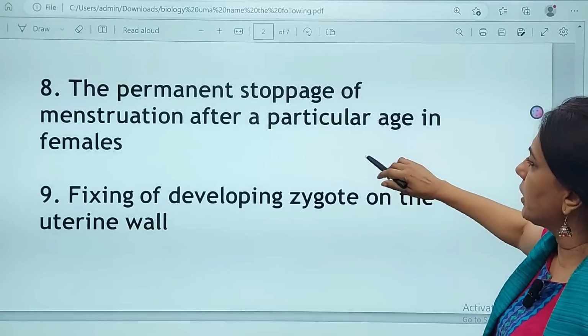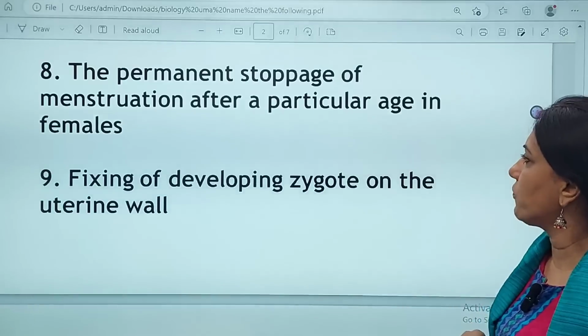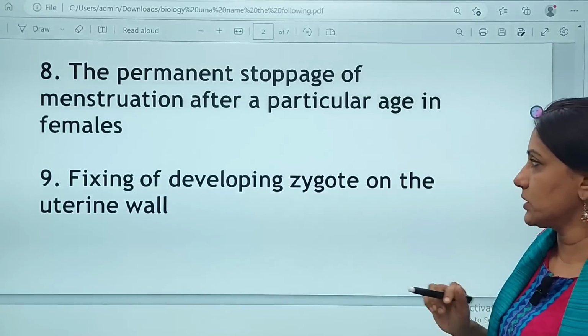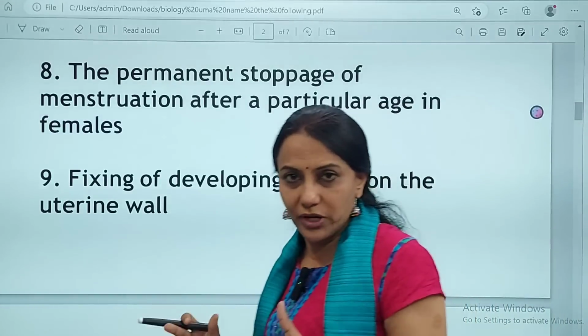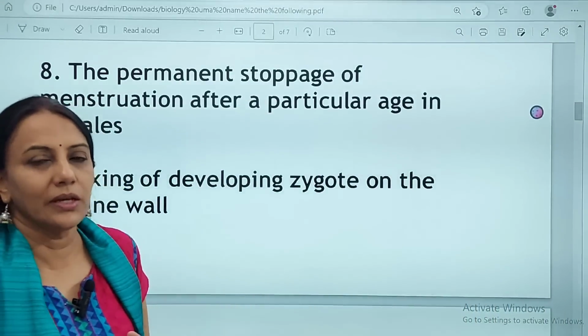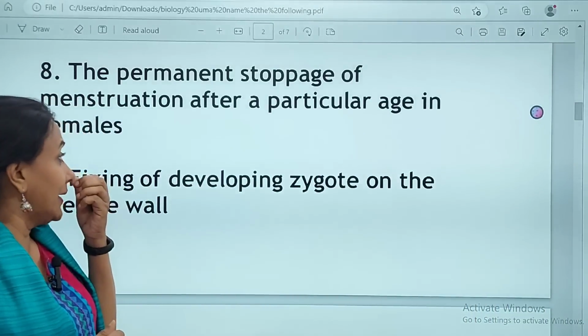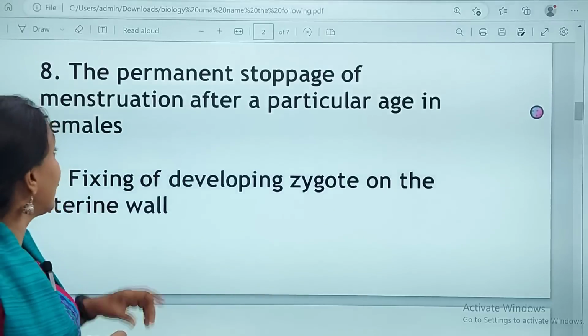Okay. The permanent stoppage of menstruation after a particular age in females. Usually between the age of 10 and 15 is when the first menstrual cycle starts in girls, and that has a particular name. We'll come to that later.